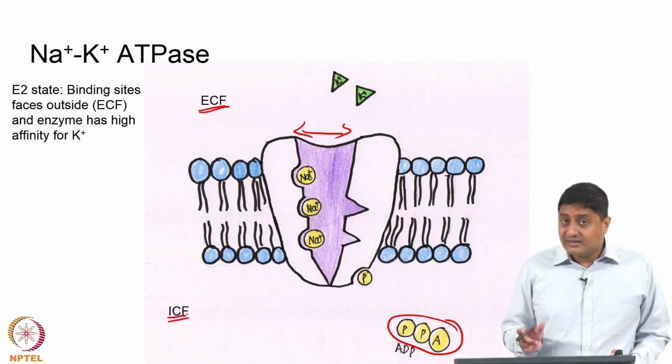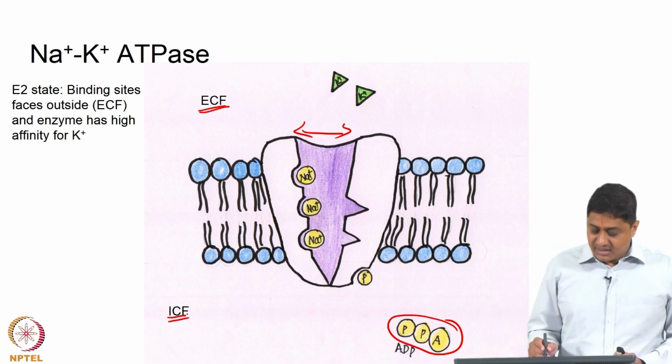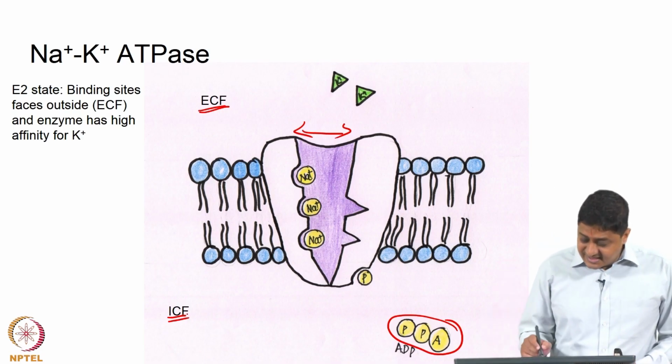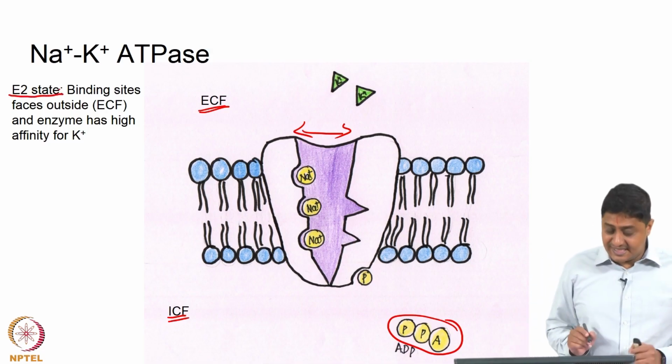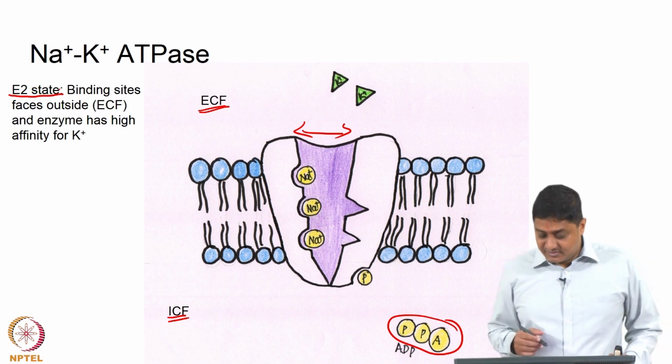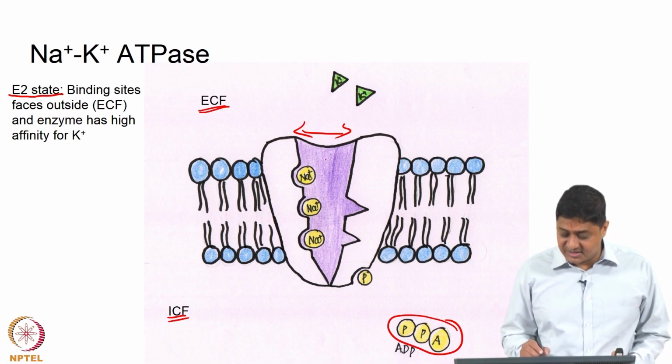So, here you see that the pump is open on the outside, and this is called the E2 state. In this state, this enzyme has a high affinity for potassium, and relatively low affinity for sodium.